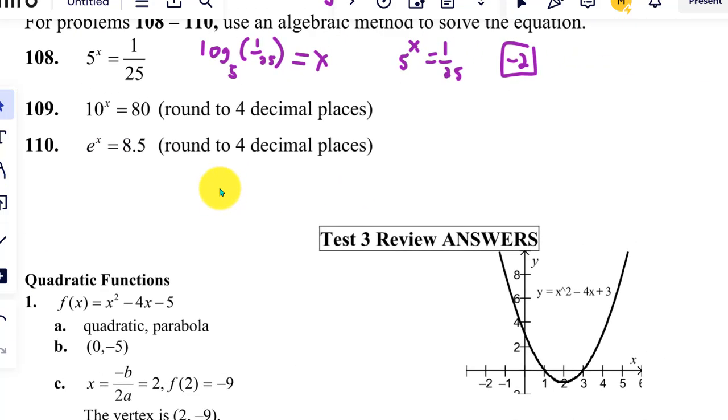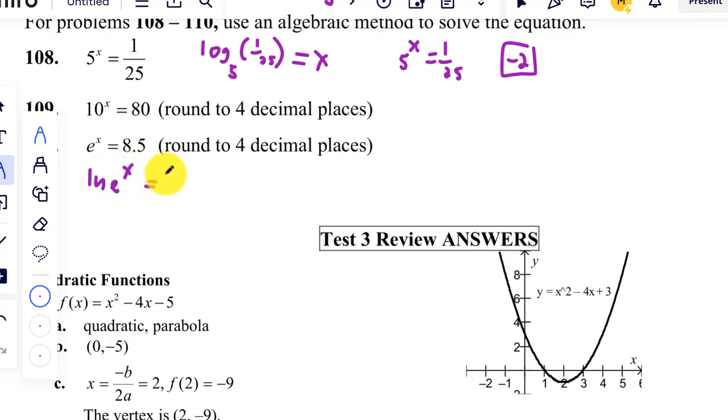And then finally, whenever I have an e in the problem, like on number 110, I like to take the natural log of both sides, right? And then I can rewrite using properties of logs, which would be x ln e equals ln 8.5.